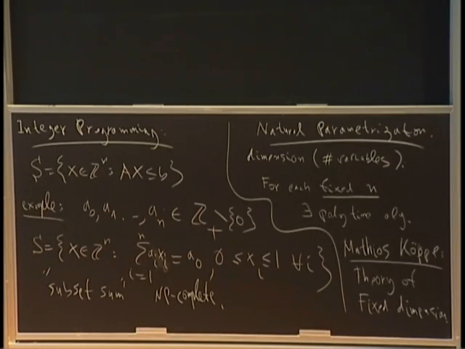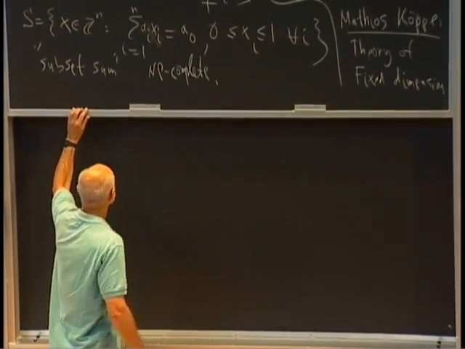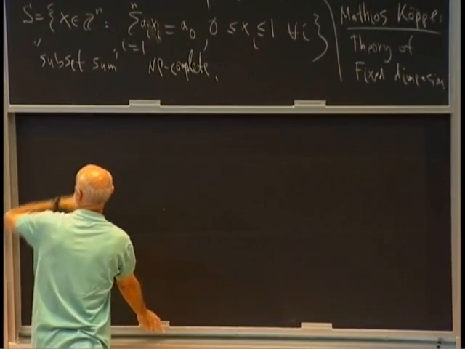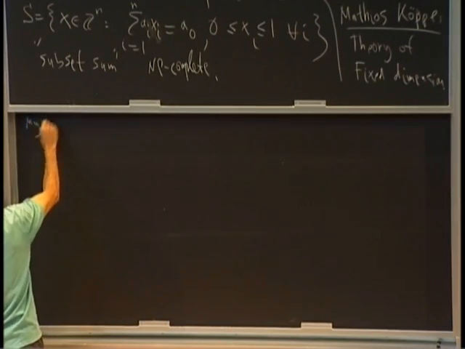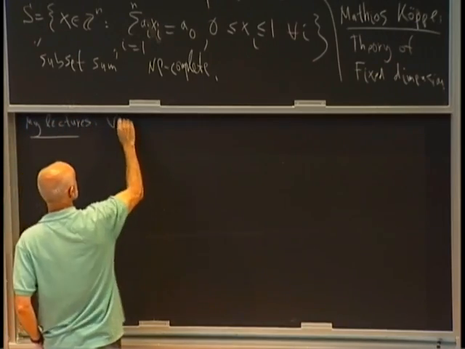And in particular, we're going to get a different parameterization. And I hope I'll have some chance to explain this later. So this is Matthias's and my talks, my lectures. Variable dimension.